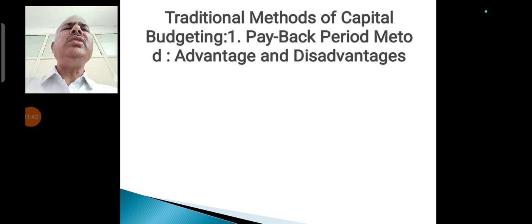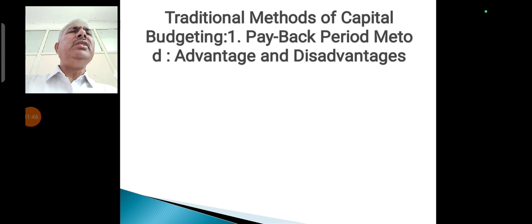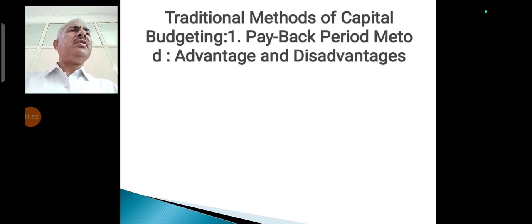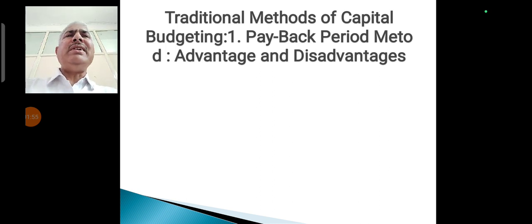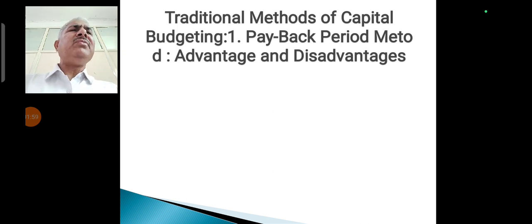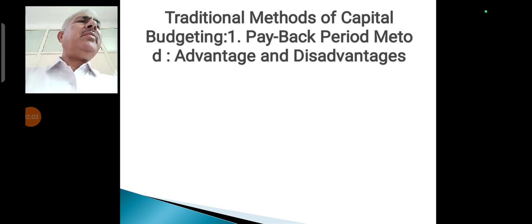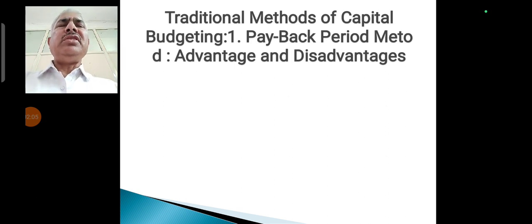In case of evaluation of a single project, it is adopted if it pays back itself within a period specified by the management, and if the project does not pay back itself within the period specified by the management, then it is rejected.